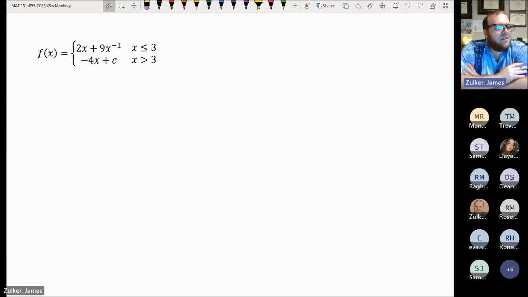That first piece, that isn't continuous. Right, we have a discontinuity at 0. And no value of c is going to change that.